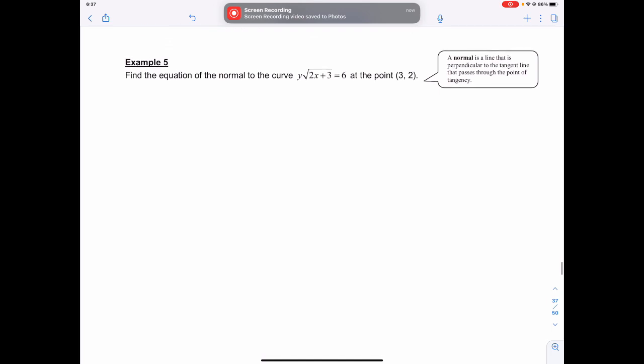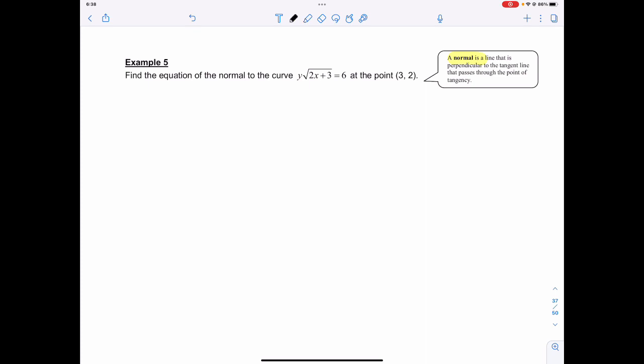For example 5, it says find the equation of the normal to the curve y times the square root of 2x plus 3 is equal to 6 at the point of 3 and 2. And we can see right here it says a normal is a line that is perpendicular to the tangent that passes through the point of tangency.